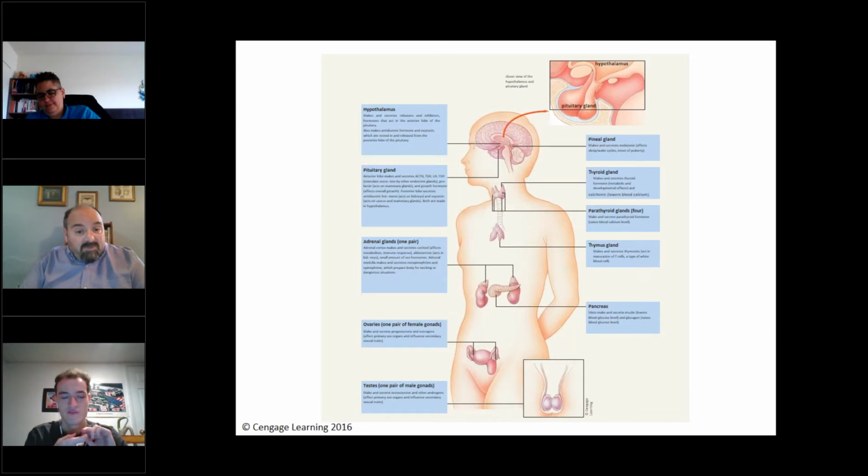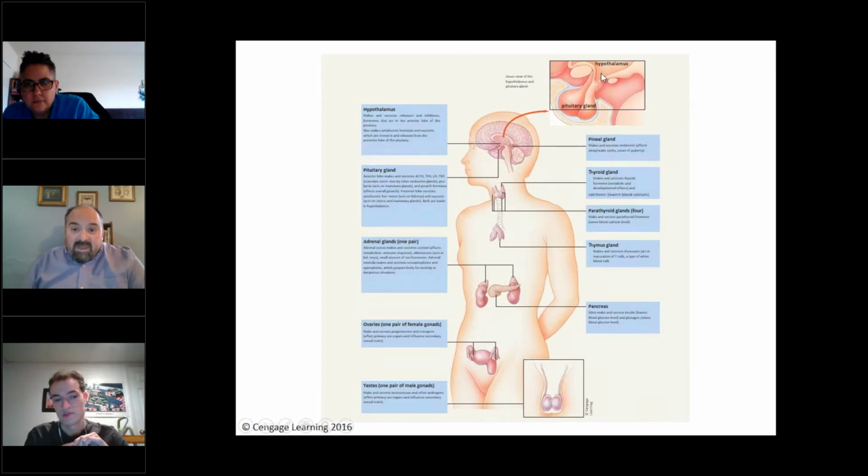The hypothalamus is an area present within the very deep part of the brain, called the third ventricle, that will actually control what takes place with the pituitary gland. So if the pituitary gland would be considered the master gland, the hypothalamus would be considered the master controller of the pituitary gland.